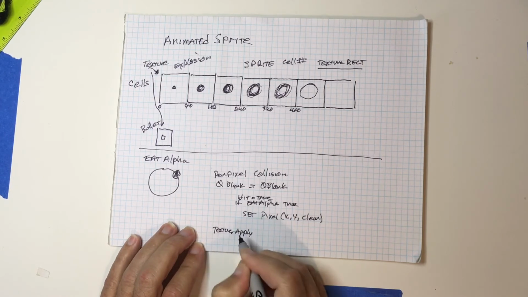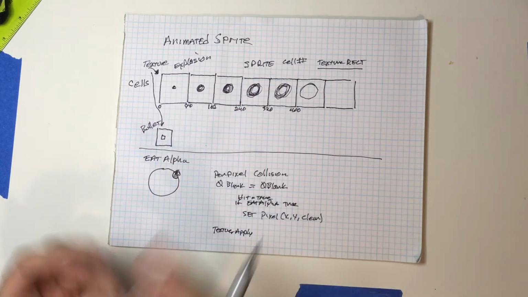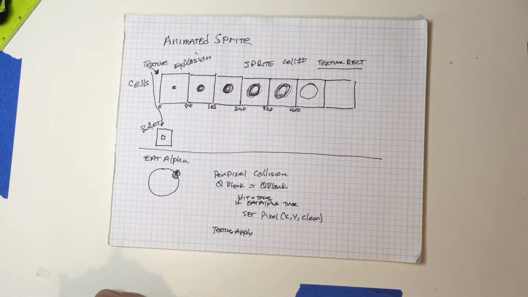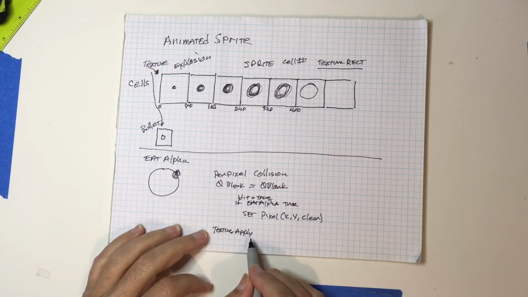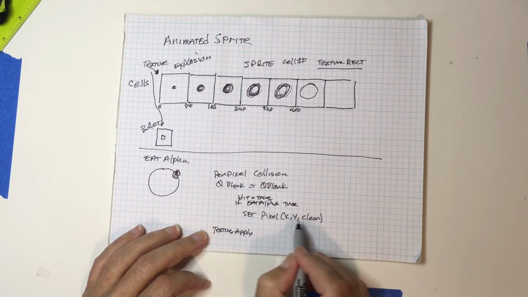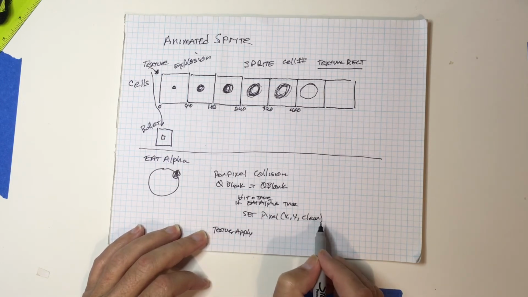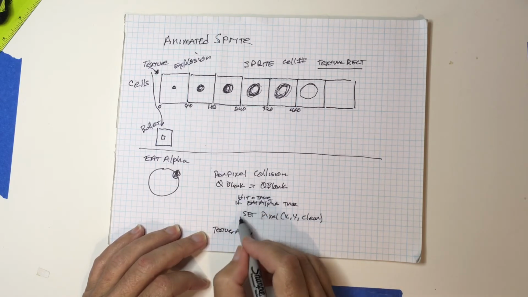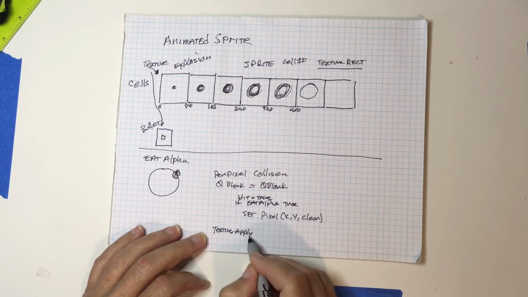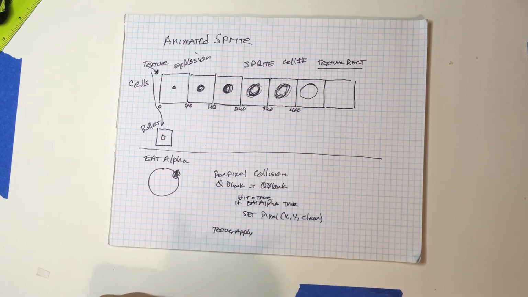That says, hey, all the texture changes I made, apply them to the screen and to the actual texture. Now, this texture apply command takes a lot of cycles to do. This set pixel doesn't take much at all. So we need to make sure that we do this texture apply just once at the end of the check.